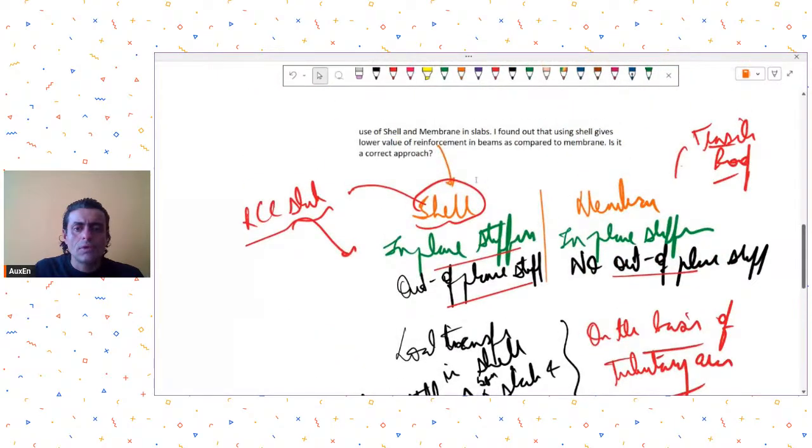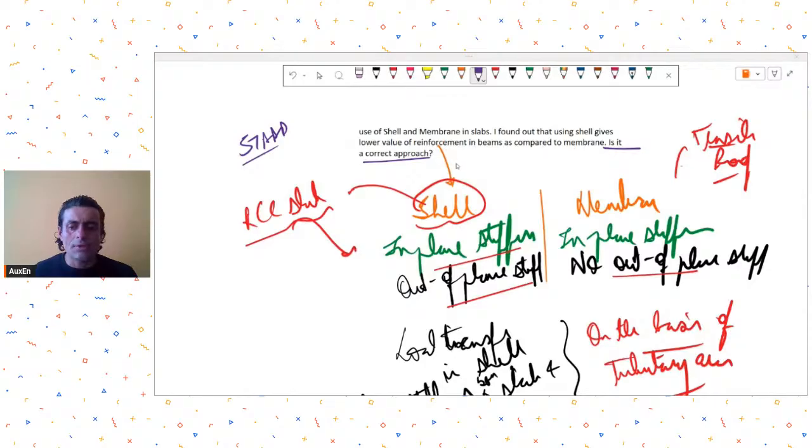So if you are asking me what is the correct approach, the behavior of RCC slab is closer to that of a shell, because RCC slabs do exhibit out of plane stiffness. Now in older times, let's say 15-20 or 20-25 years ago, when the STAAD software first came, the plate modeling options were not quite well developed.